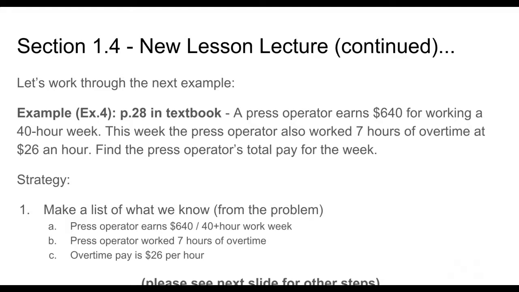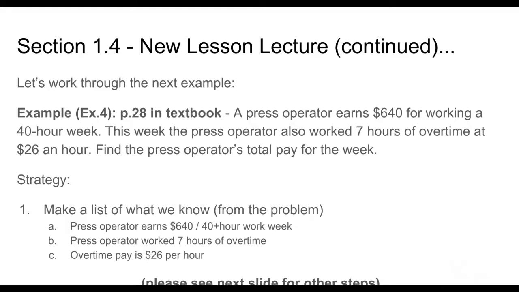So let's go ahead and apply the strategy. The first thing that we need to do is make a list of what we know from the problem. Reading the sentence, a press operator earns $640 for working a 40-hour week. This week, the press operator also worked 7 hours of overtime at $26 an hour.